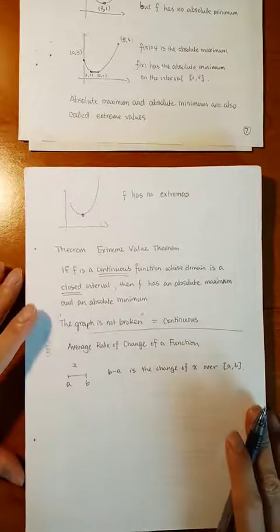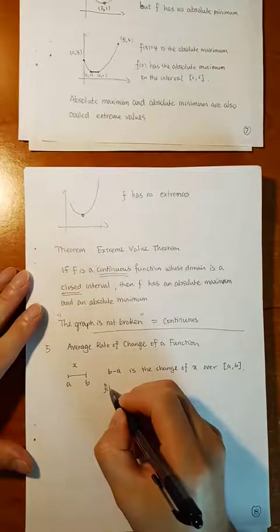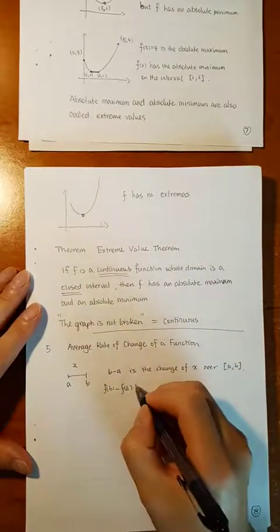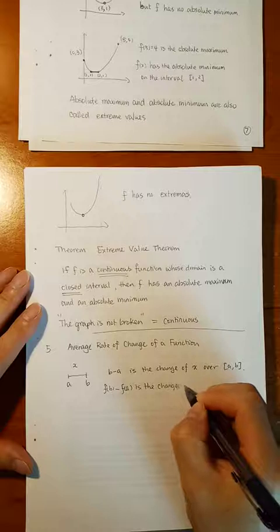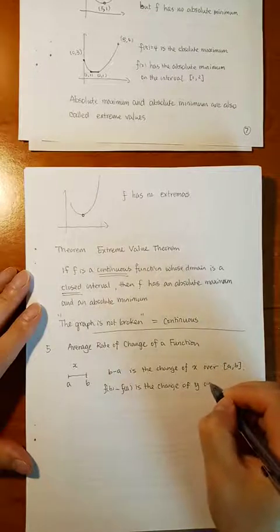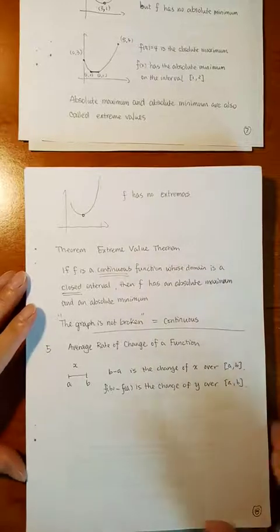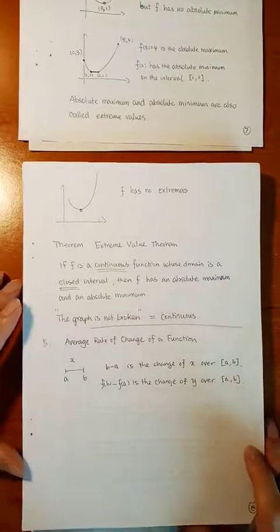The corresponding y values will be fb and fa. What is the change in y? We do the difference, the change of y over ab. Well, rate of change. When you see the rate, you have the quotient, okay?